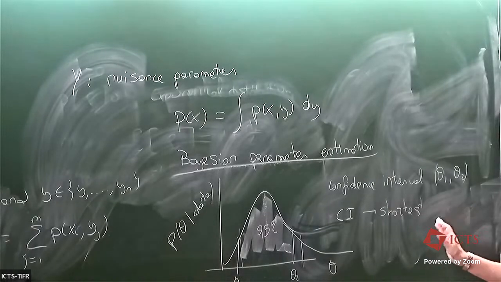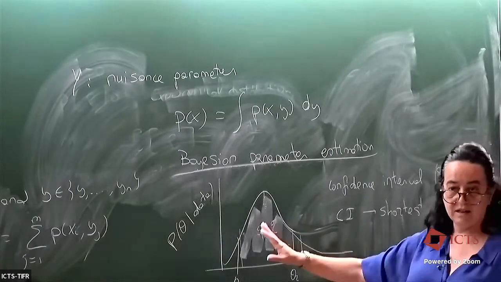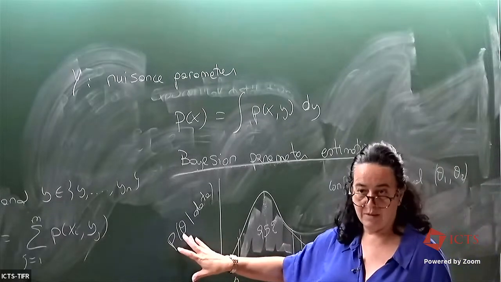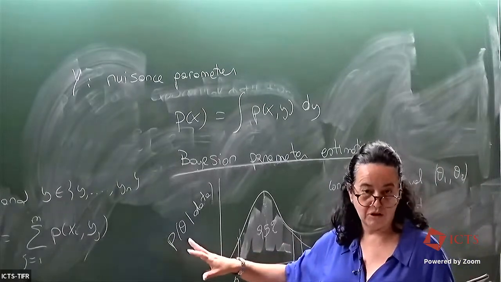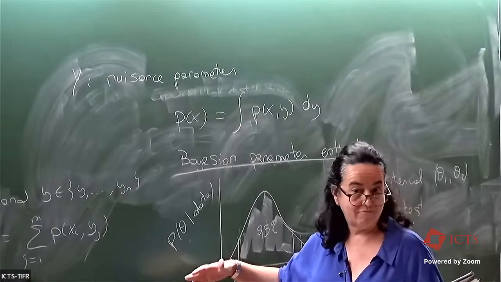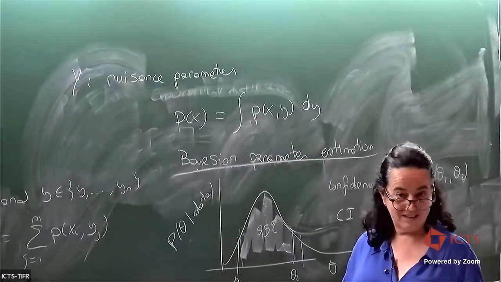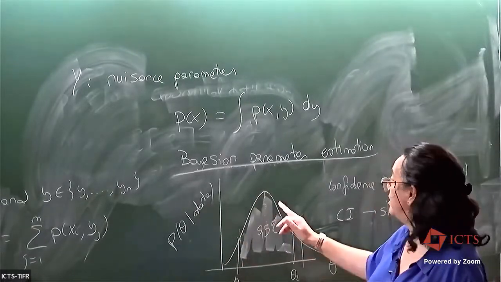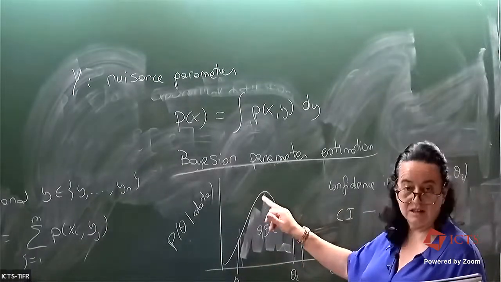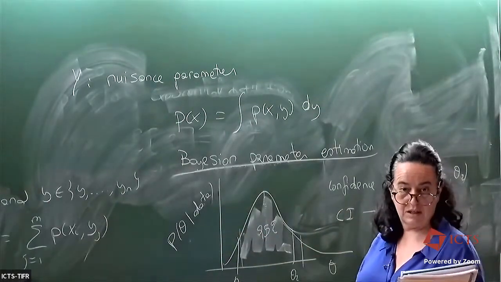So here you have seen something very clean. Whatever is the parameter of interest, possibly the amplitude of the signal, that will tell me the amplitude of the signal is also between these two parameters.